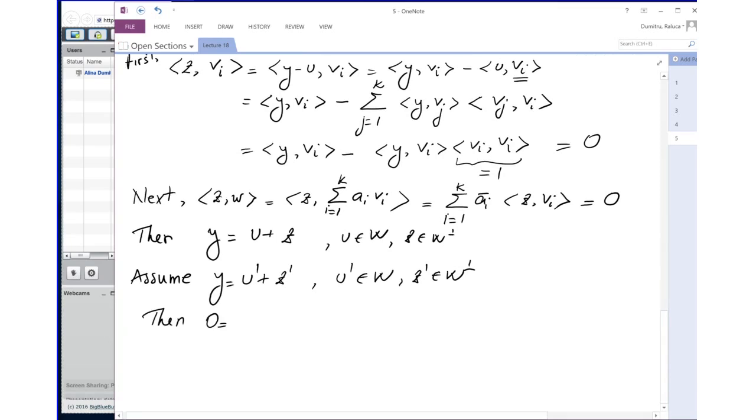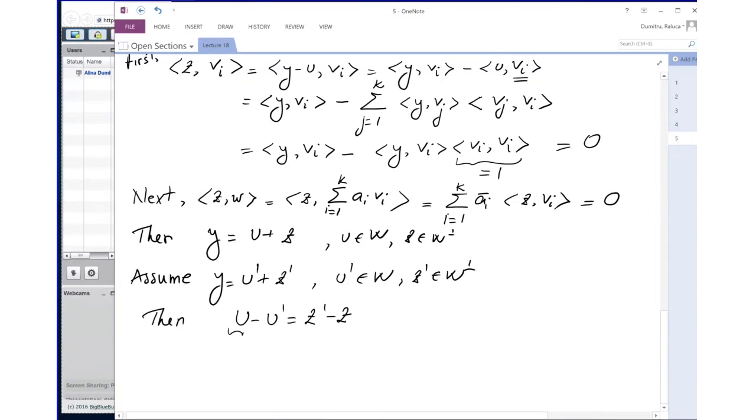Just go ahead and subtract them. Not only subtract them, I'll move them around like this, right? Because when you subtract them, you get u minus u prime plus z minus z prime equals 0. So I write it as u minus u prime equals z prime minus z by subtraction.